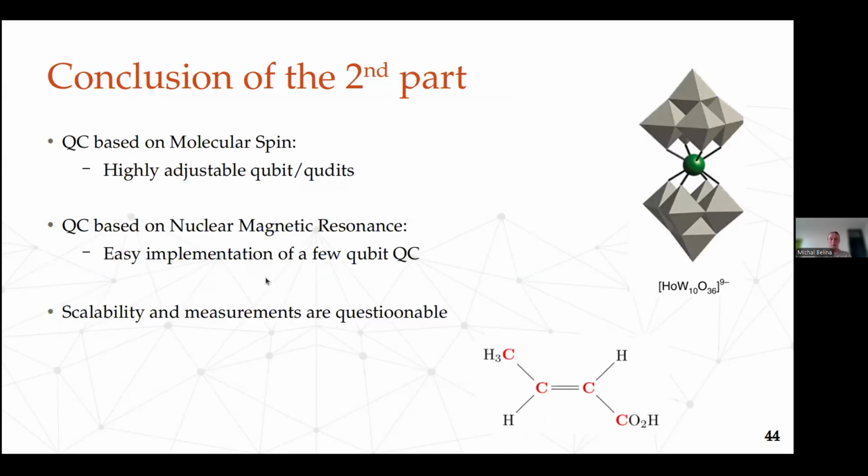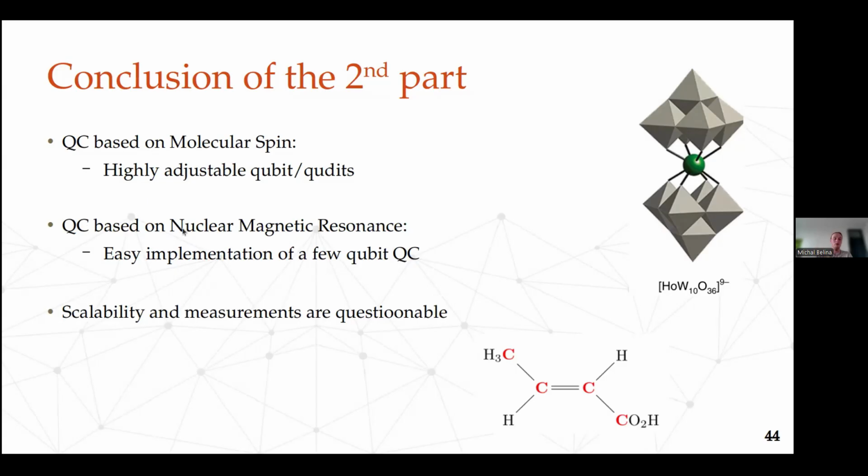With this, I am about to conclude the second part of my talk. Some take-home messages: quantum computers based on molecular spin are highly adjustable. You can create single molecules with hyperfine structure to fit your imagination.